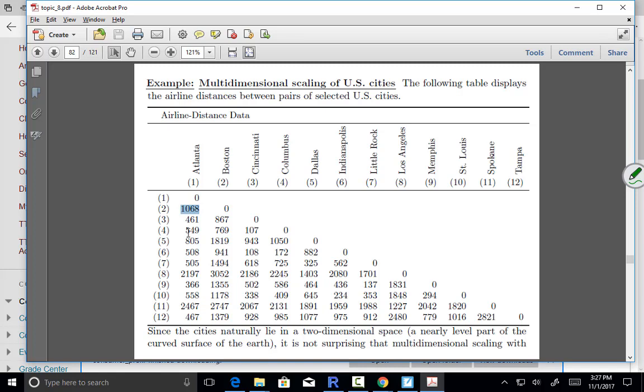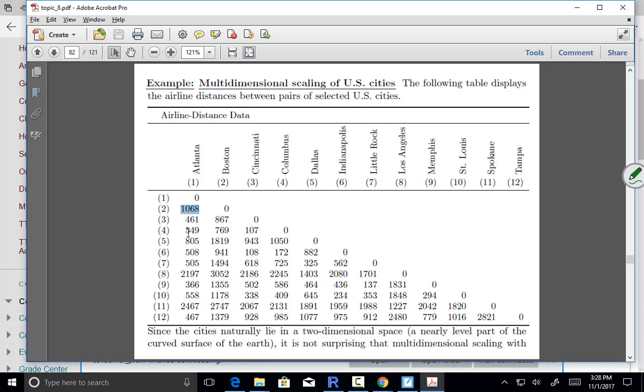There are 12 cities here. 12, in a sense, 12-dimensional data. What would be handy is if there was a meaningful way to visualize this information in a lower dimensional space. For example, two-dimensional space.